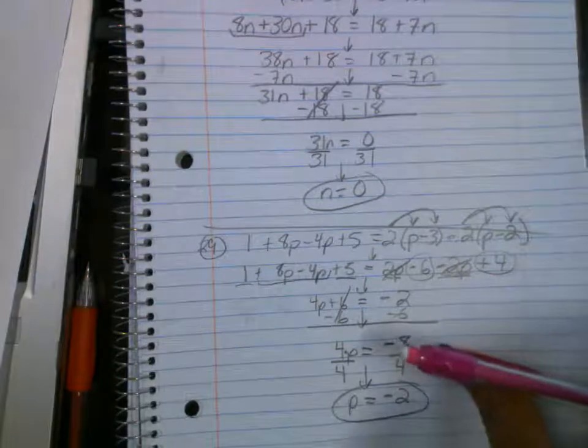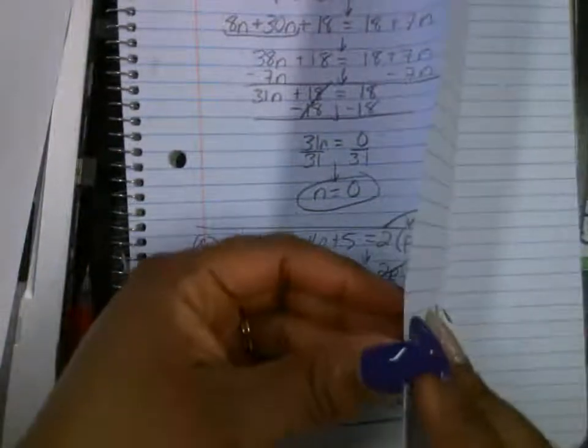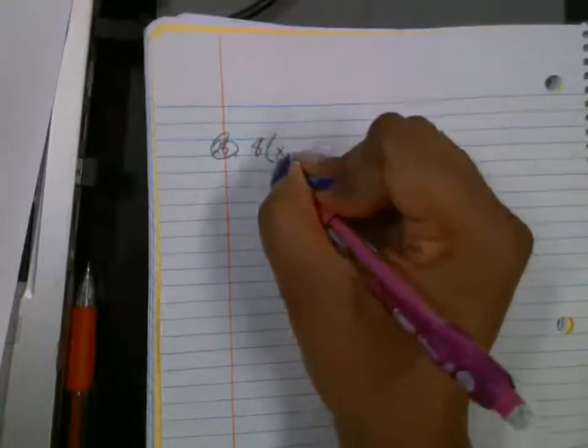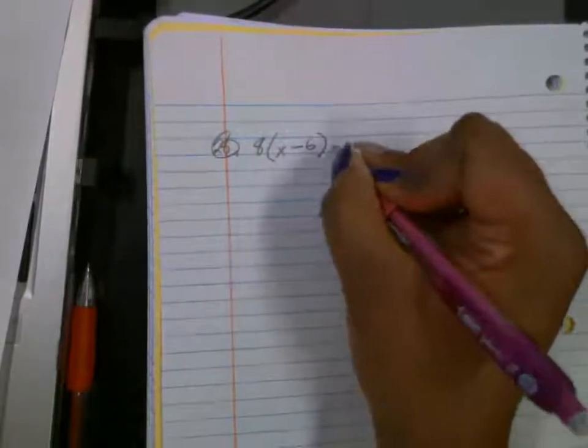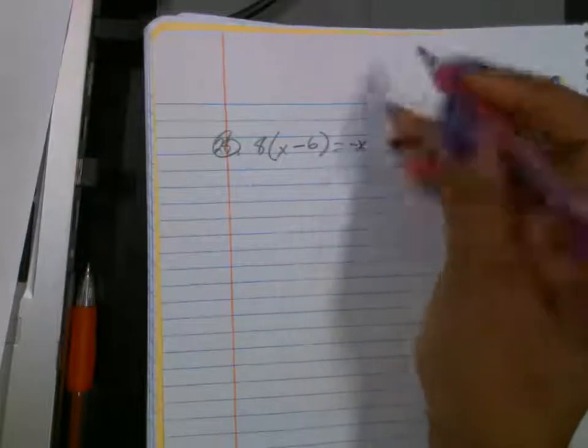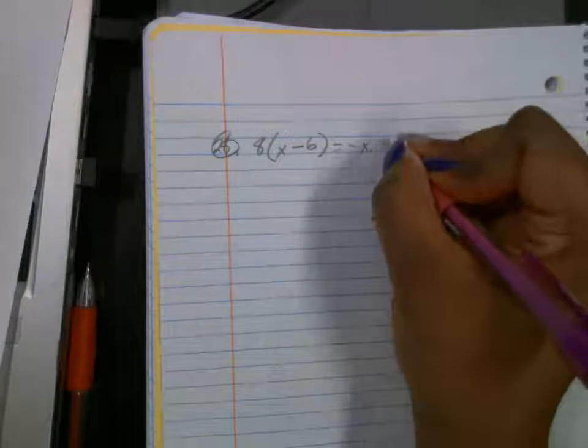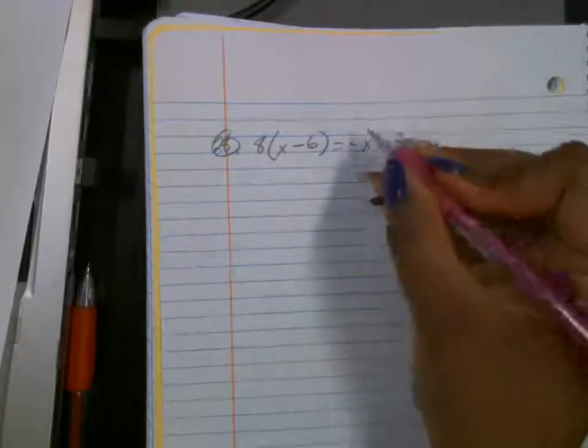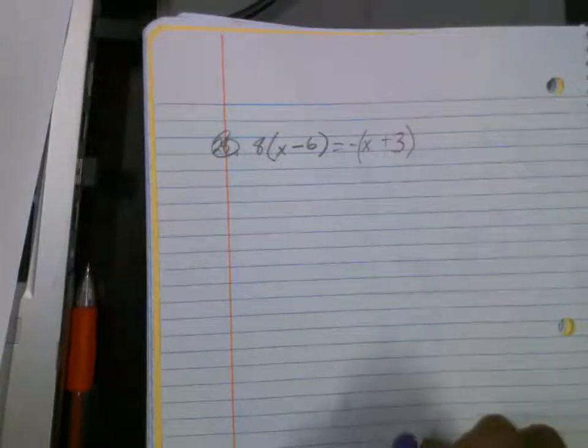All right. So I think those were the ones that you needed. I think somebody said 28. So let me go back and do 28. 8 parentheses x minus 6 is equal to negative, oops, I'm already distributing here, negative parentheses x plus 3. Okay? All right.